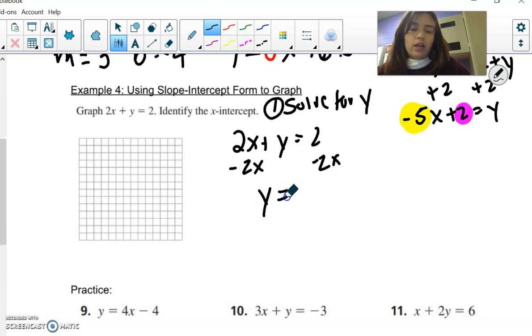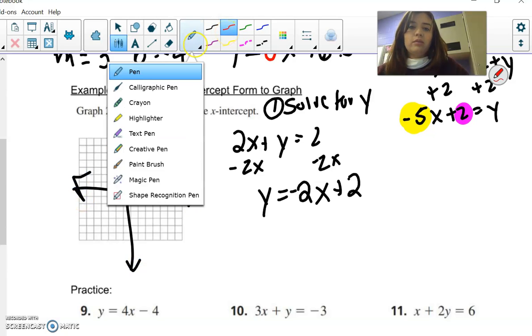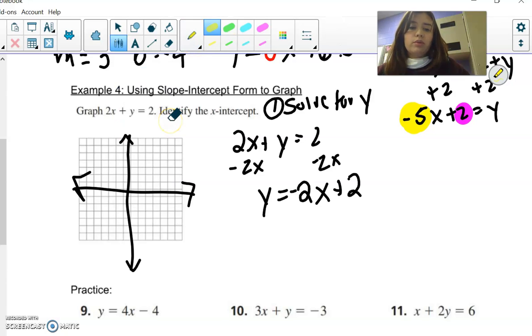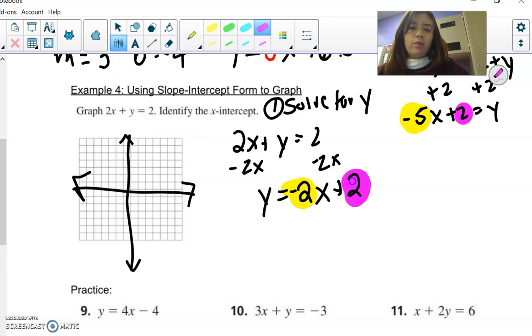I'm going to get y equals negative 2x plus that positive 2. And then from here, we have to identify our slope and our y-intercept. So our slope is negative 2, and our y-intercept is a positive 2.